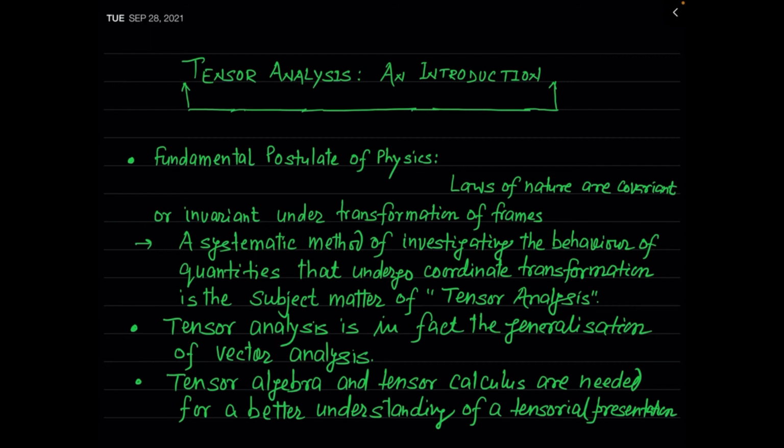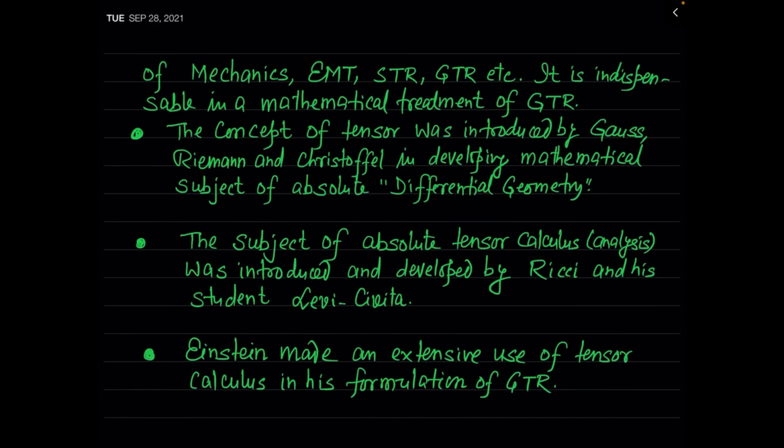Now we will see some of the historical account regarding tensor analysis. In fact, the concept of tensor appeared in mathematics, or you can say physics, just by chance. Mathematicians like Gauss, Riemann and Christoffel introduced the concept of a tensor, but their aim was not to give the idea of tensor.